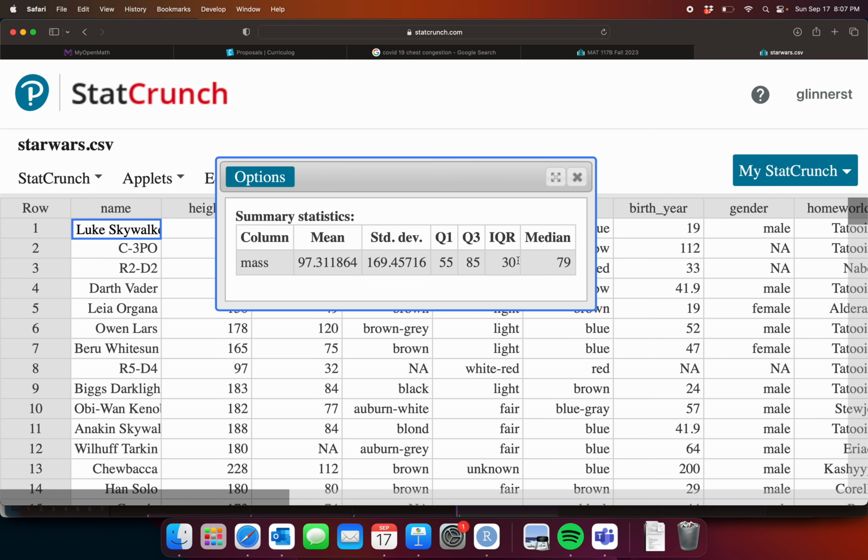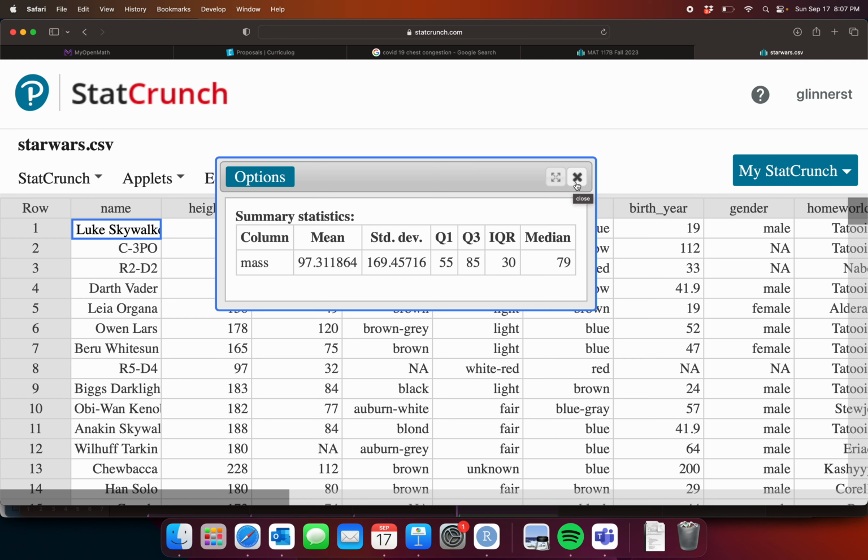So if the mean and the median are similar or the same, there's a good chance that the data will be symmetric. Right? The IQR and the standard deviation are less of an apples-to-apples comparison. But they are interesting. It is interesting that the IQR is very much smaller than the standard deviation, which leads me to think there might be something interesting going on here.